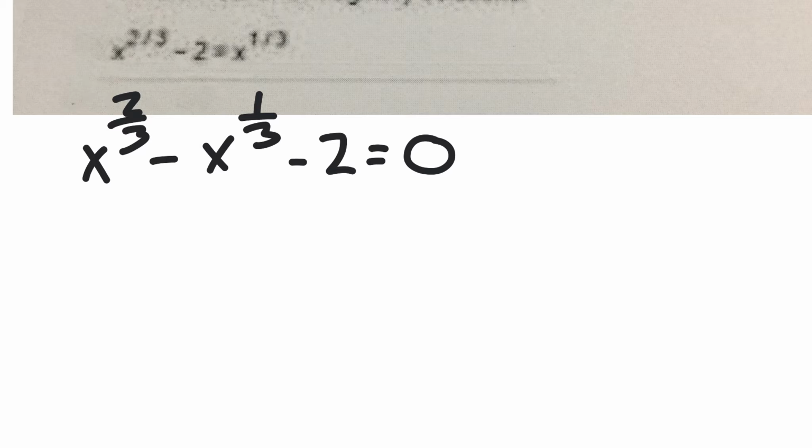So in the problem we had before, where we had an x to the 4th and x to the 2nd and a constant, I told you just trust it and it would work out. Well, this one has the same pattern. X to the 2/3, what's half of that? X to the 1/3, and then a constant. So if you have enough faith, you could just treat this like any regular trinomial and solve it.